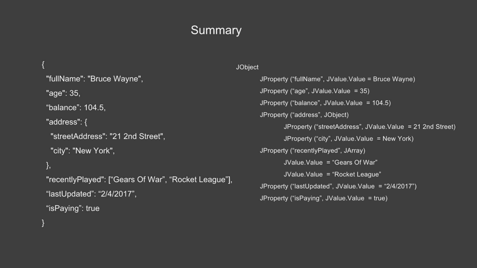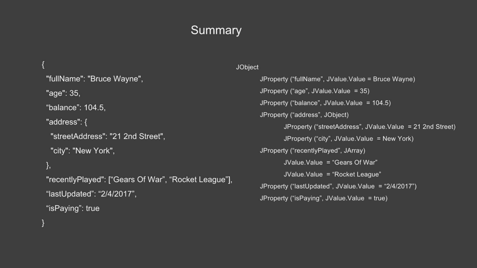I want to point out some examples from our representation. Our entire JSON will be represented by a JObject containing all of our game's properties as JProperties. The age JProperty on the third line will be set with age as its name and 35 as its JValue's value. Our gamer's address JProperty on the fifth line will be set with a JObject as its value.